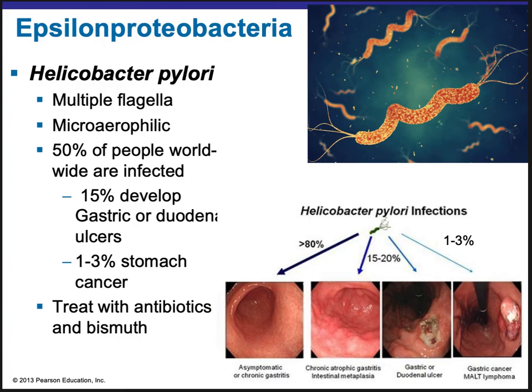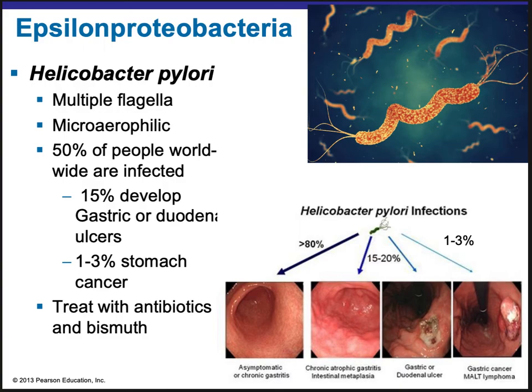Another interesting fact about H. pylori is that it is able to convert the stomach acid with a special enzyme that it has called urease, and then that produces ammonia, and that is an alkaline substance. So it actually makes a little miniature climate around itself that is not acidic.